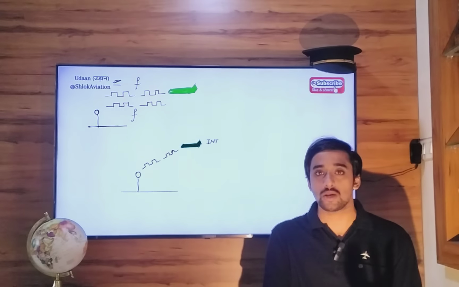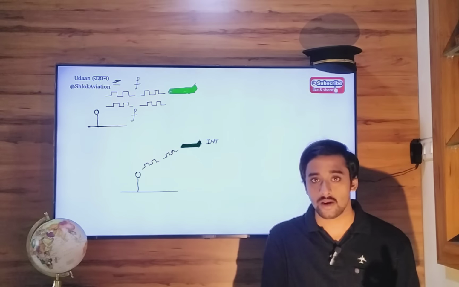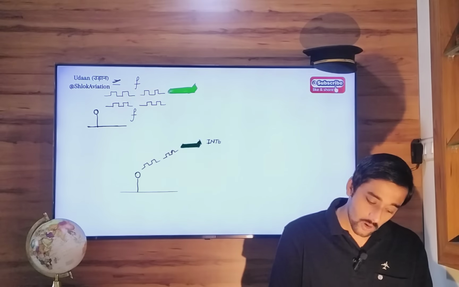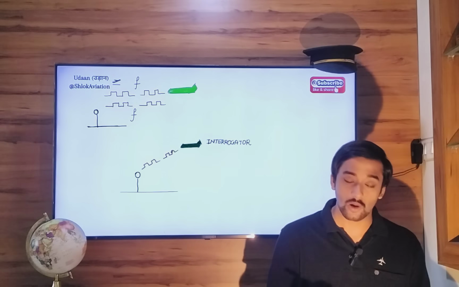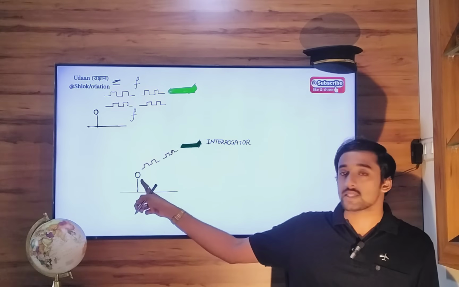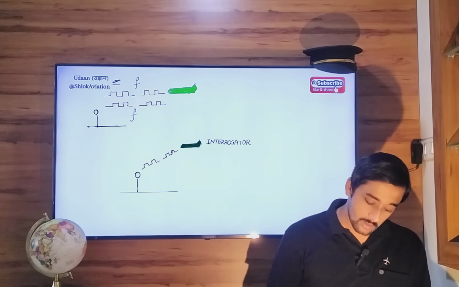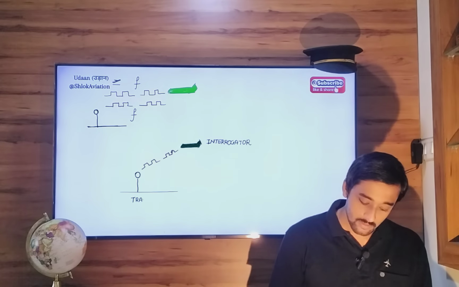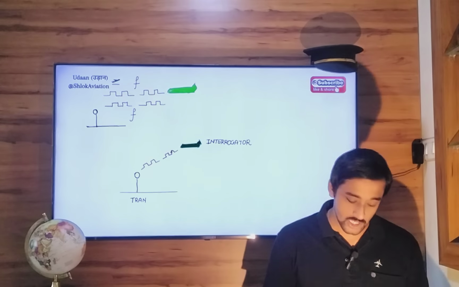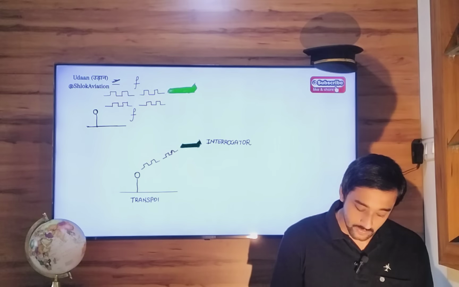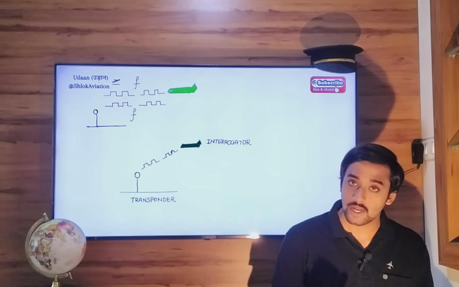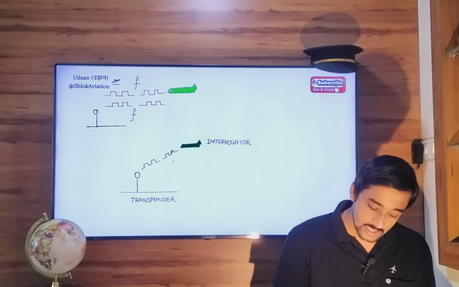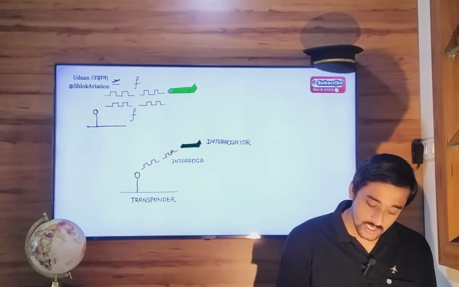For example, distance measuring equipment is a form of secondary radar, in that the transponder in your aircraft sends an interrogation signal towards this ground station, which will be called a transponder because it is going to respond to this interrogation signal.